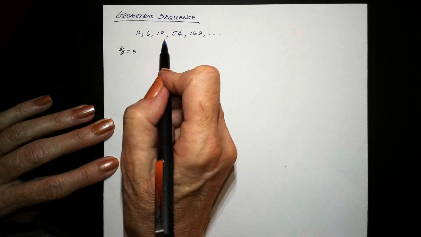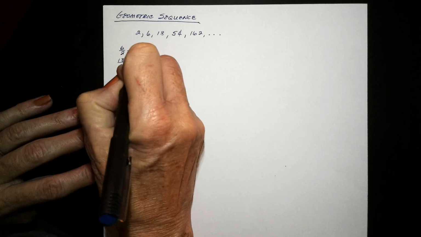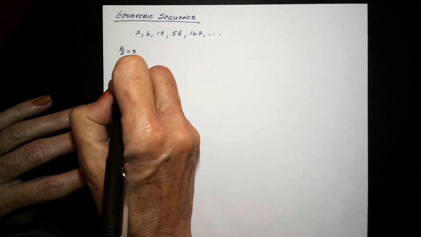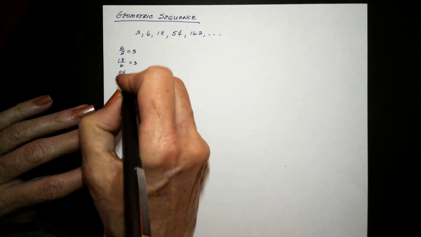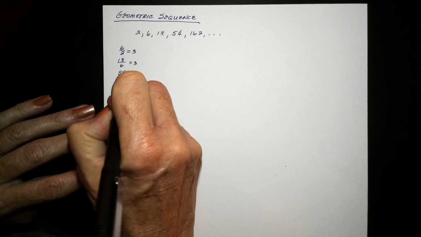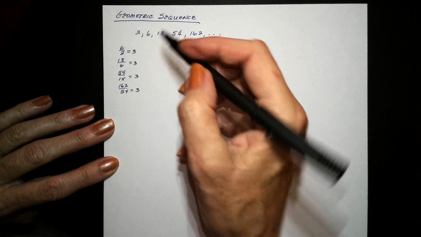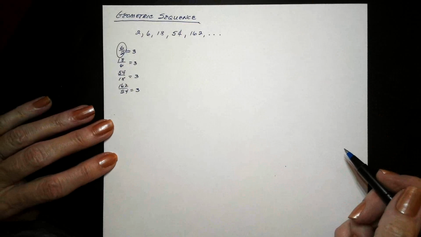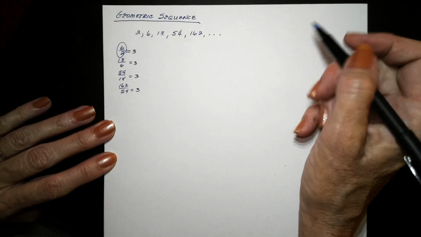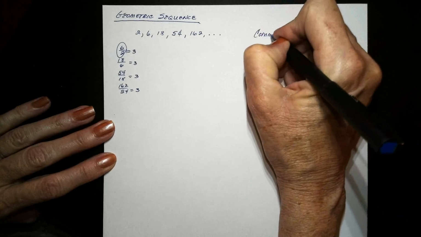Okay, I need to check all of my terms, so I would do 18 divided by the term in front of it and get 3. Same thing with 54 divided by 18 and get 3, and 162 divided by 54 would also give me 3. So notice that these are fractions and fractions are ratios. So instead of having a common difference, I would have a common ratio.